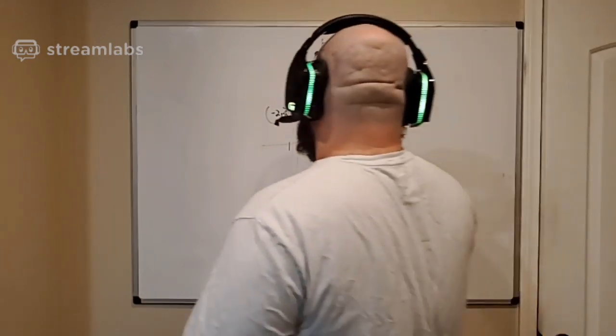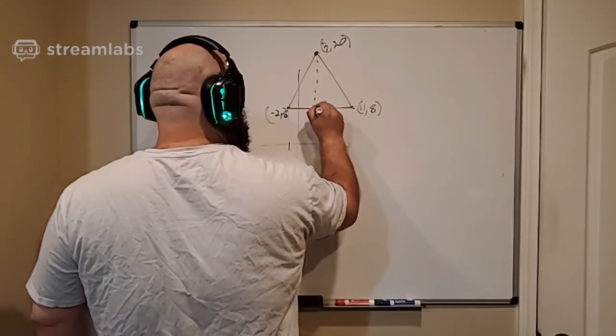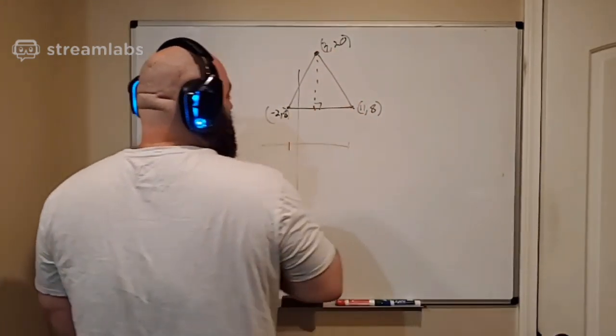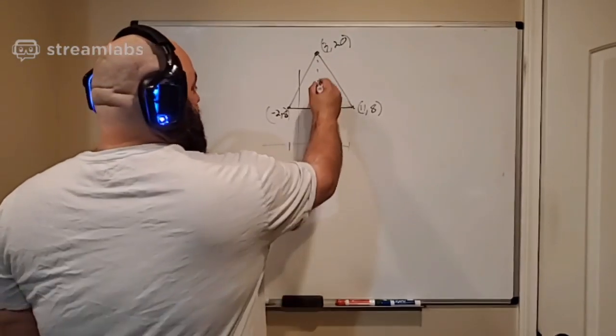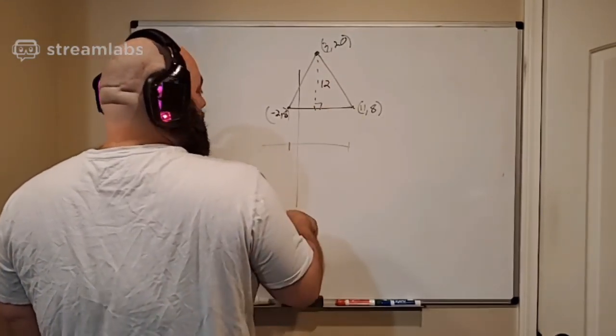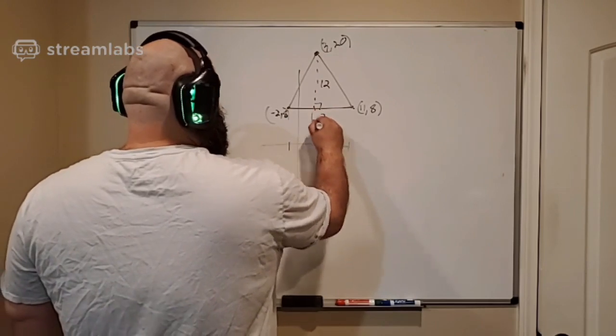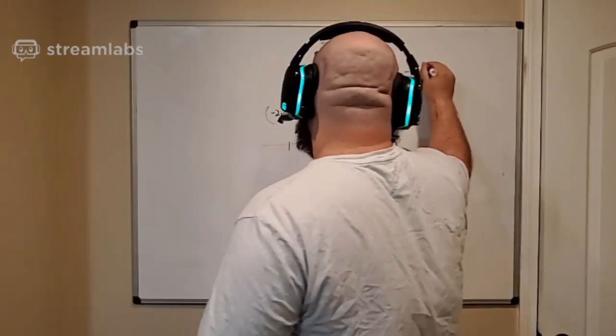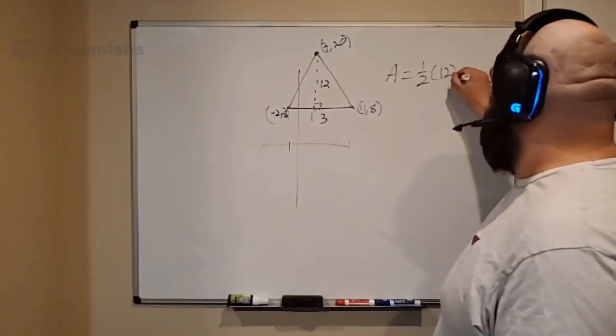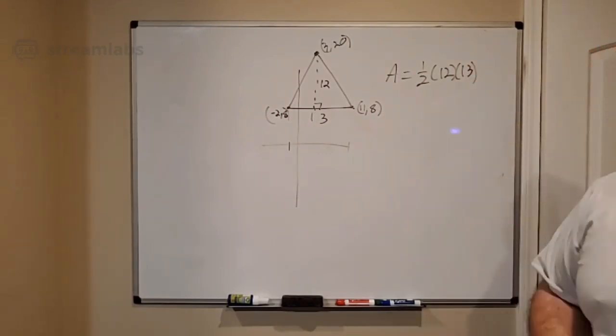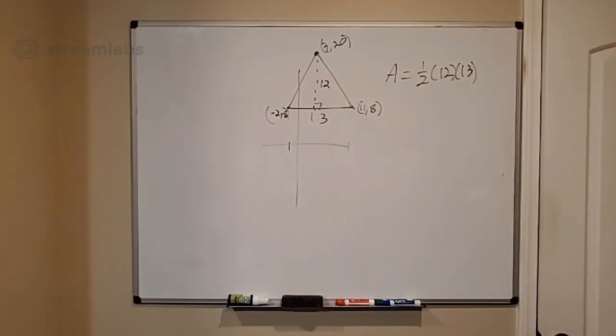We know that forms a right angle. So your height would have been 12, and your base is 13. So the area is just 1/2 times 12 times 13. Especially anytime you're given a picture with coordinates, I highly suggest you draw out the coordinates. They'll be very helpful.